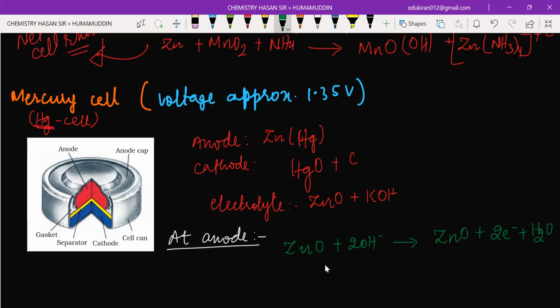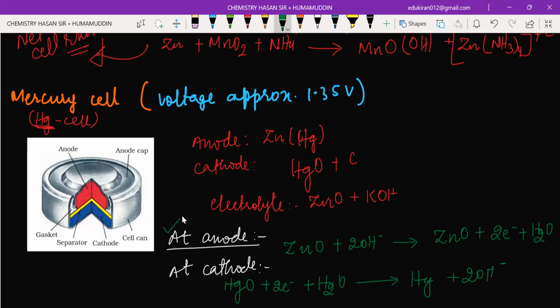At cathode, see what will happen: HgO reacts with electrons and water, which is also there in the solution. It reduces itself, HgO is converted into Hg, and 2OH minus. Is that clear? Yes, sir. This is the oxidation half cell reaction, and this is the reduction half cell reaction.